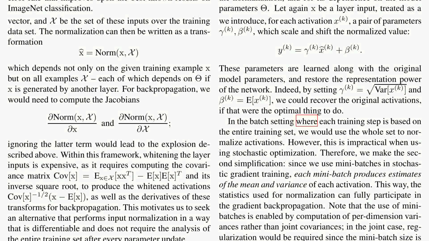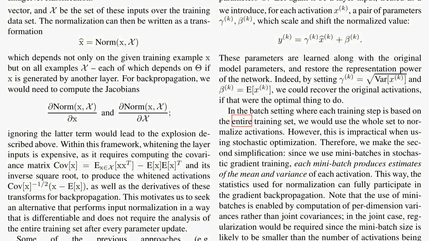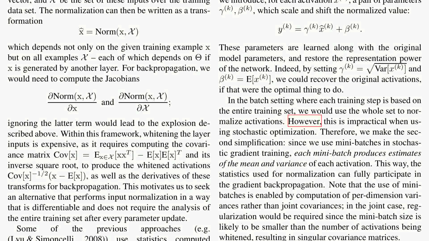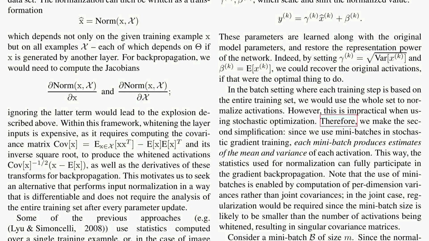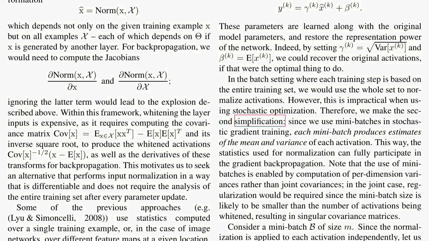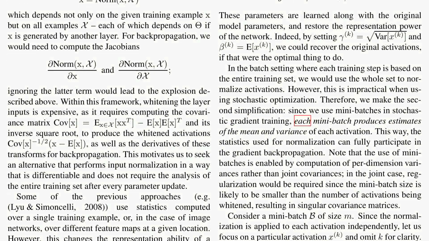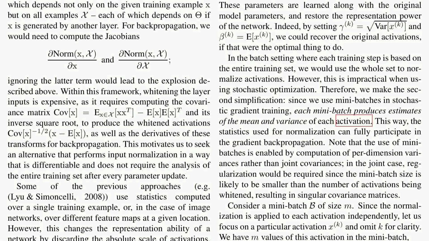In the batch setting, where each training step is based on the entire training set, we would use the whole set to normalize activations. However, this is impractical when using stochastic optimization. Therefore, we make the second simplification. Since we use mini-batches in stochastic gradient training, each mini-batch produces estimates of the mean and variance of each activation.